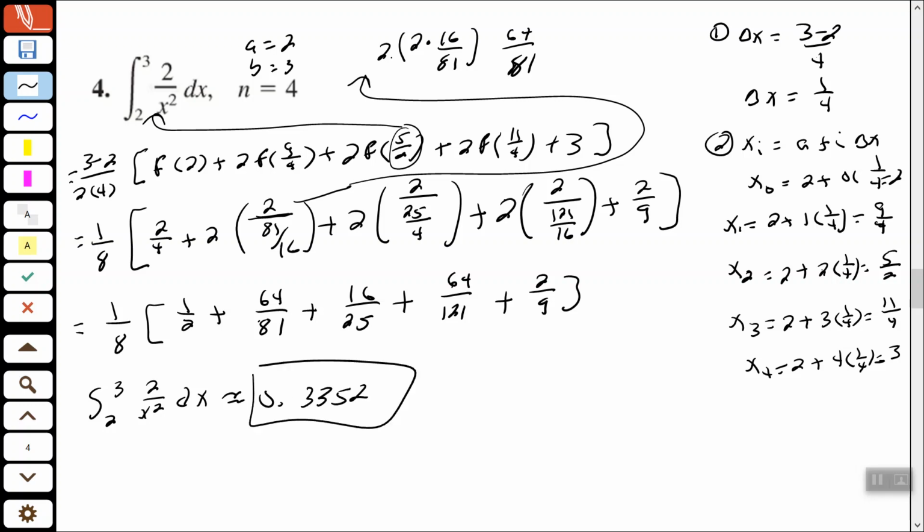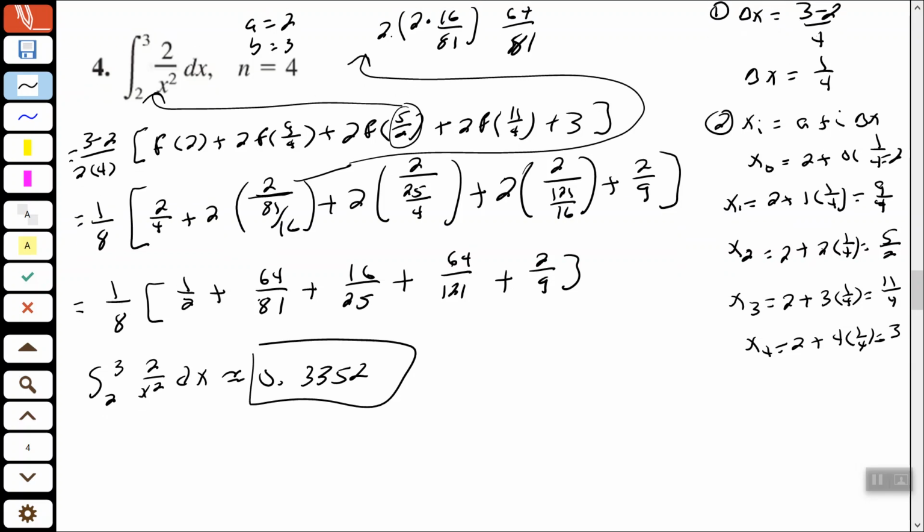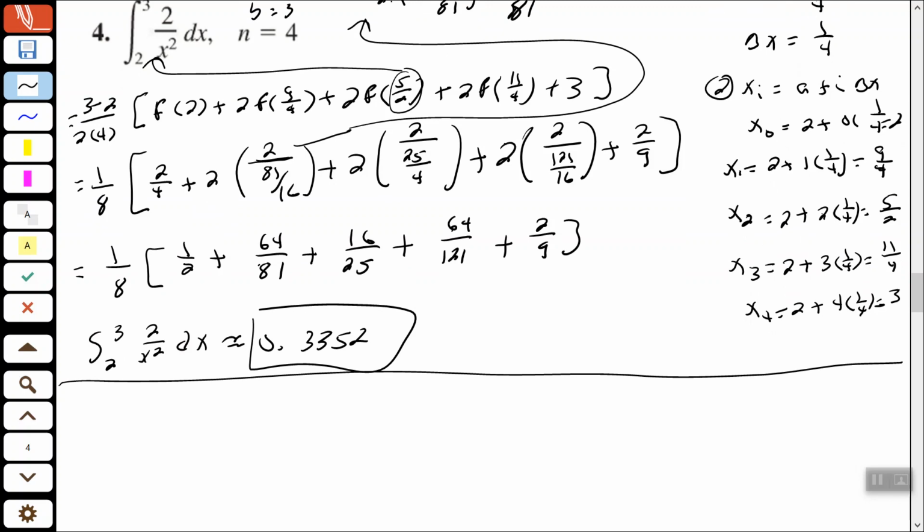Okay. All right, so n is equal to 4, so that's an even number of intervals, so we can also find this approximation by using Simpson's rule. Up here I used the trapezoidal rule. So now let's use Simpson's rule.